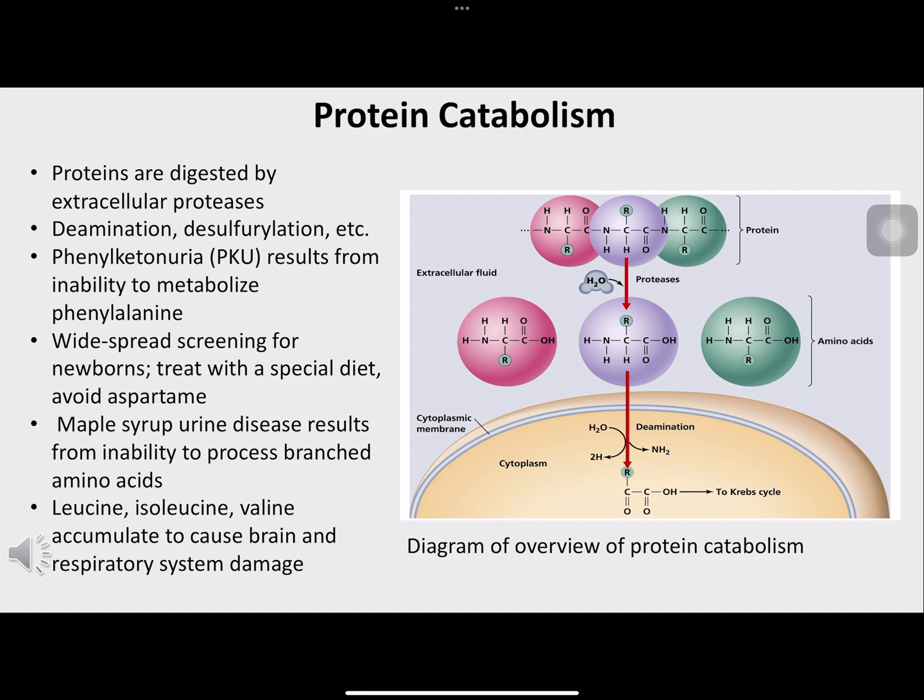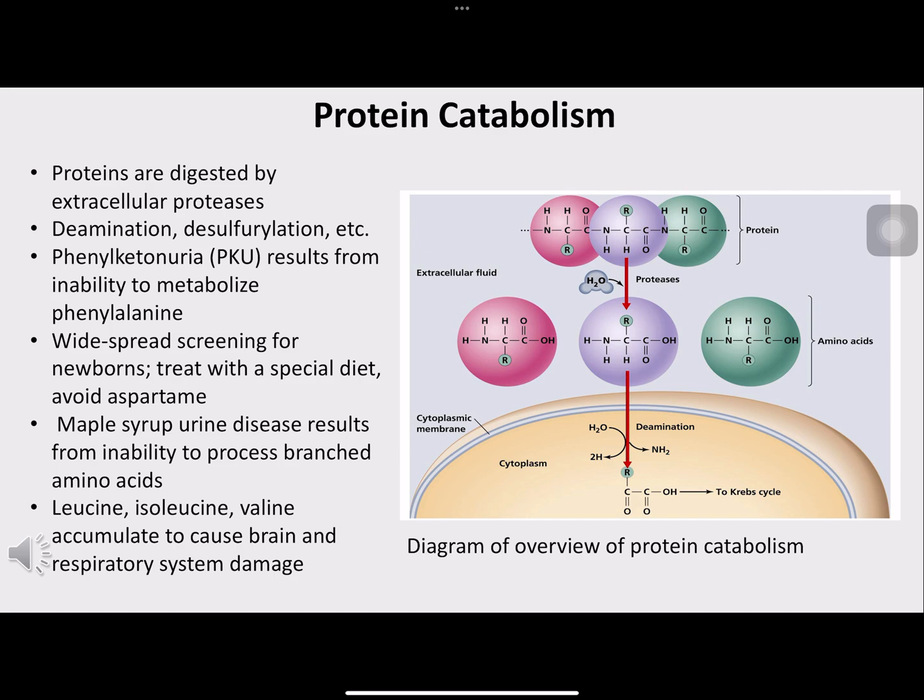So chances are, if you work in a neonatal unit, then you will be conducting the screening. And because PKU, if untreated, results in mental retardation, we treat the children from a very early age with a special diet that is low in phenylalanine.